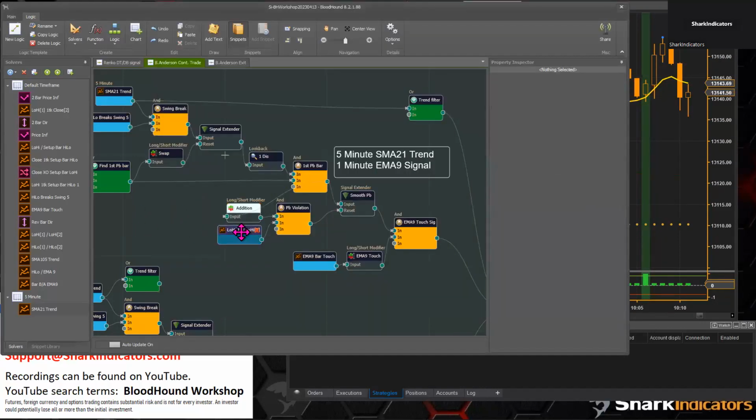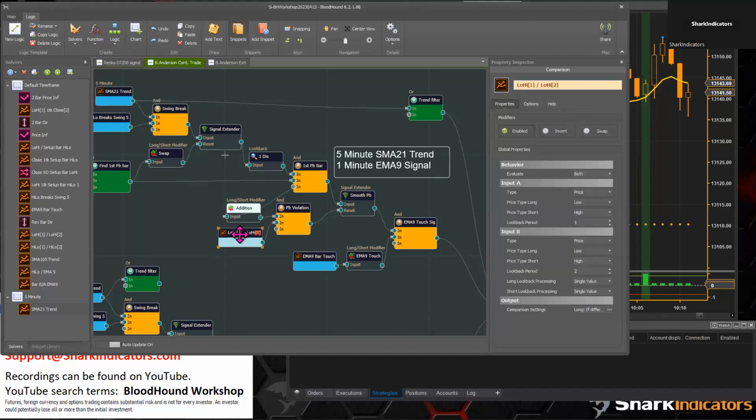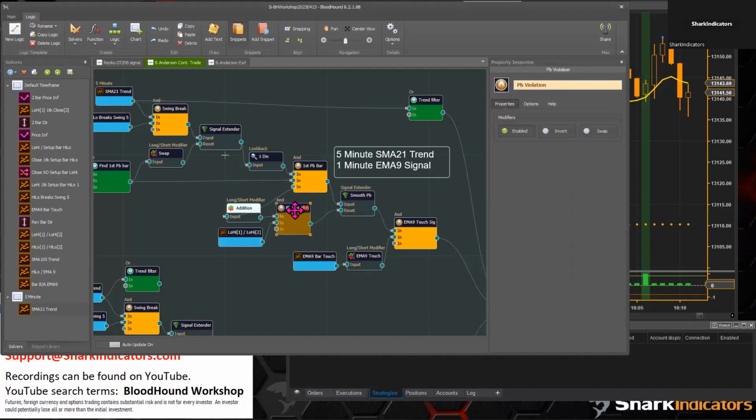This solver here is what generates the reset signals when there is a pullback violation.